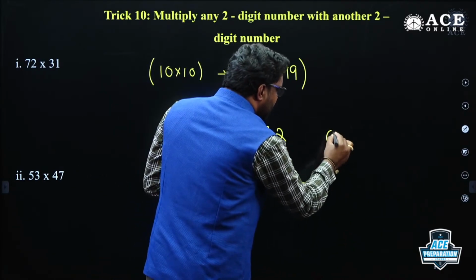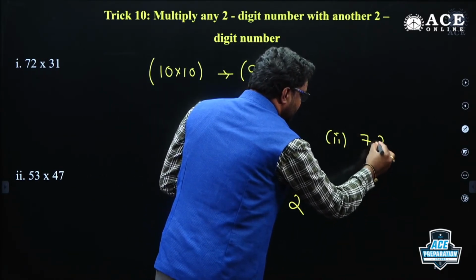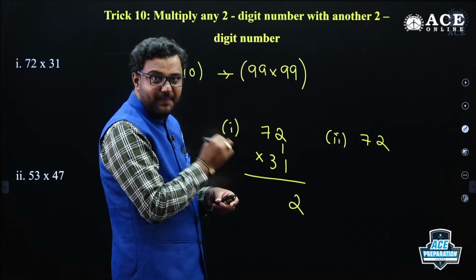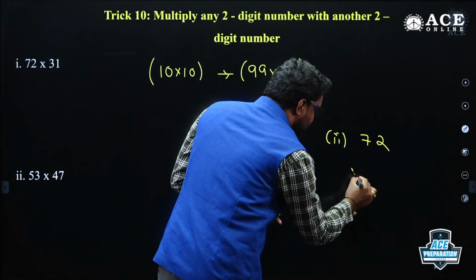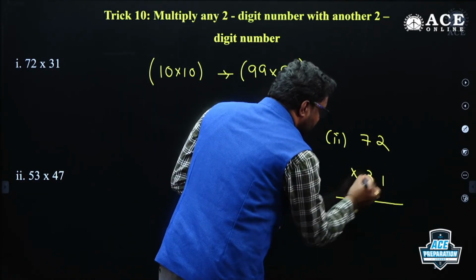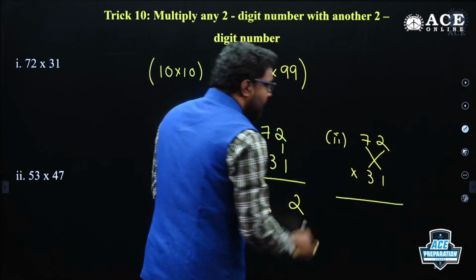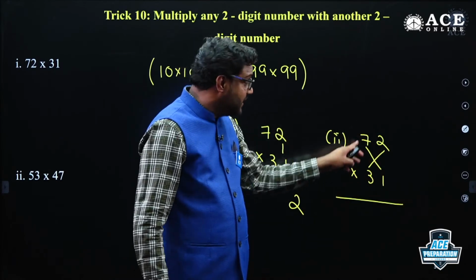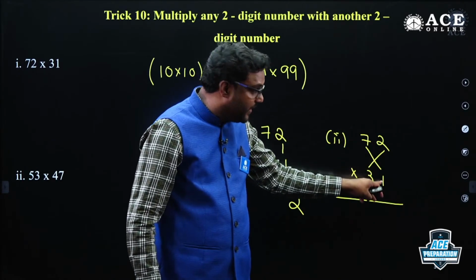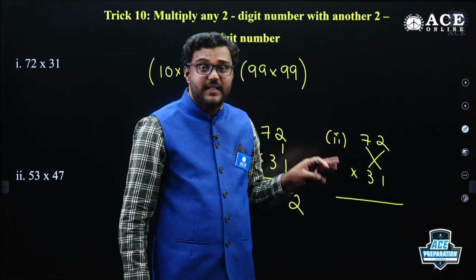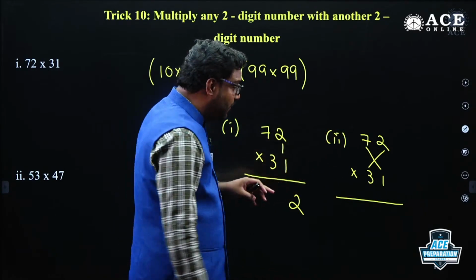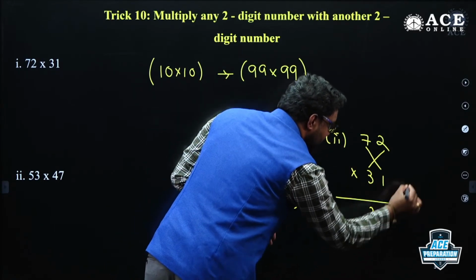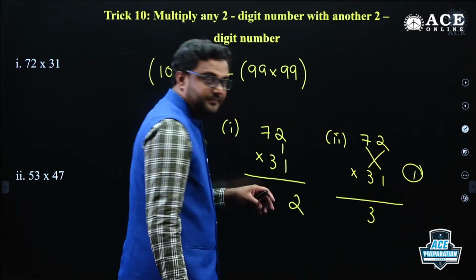Second step, you have to do cross multiplication, vertical and cross multiplication is the method name. So 72 into 31, now cross multiply. 3 into 2 is 6, 7 into 1 is 7, 6 plus 7 is 13. You put 3 here and 1 aside, that's a carry for us.